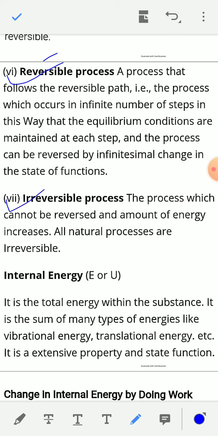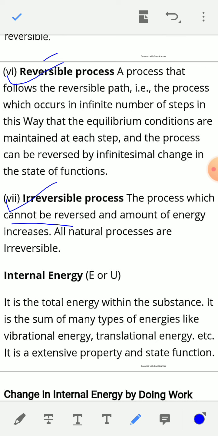An irreversible process is one that you cannot reverse. Reversible processes are very slow processes, while irreversible processes are very fast, one step processes. Reversible processes take place in a large number of steps, while irreversible processes generally take place in one step.